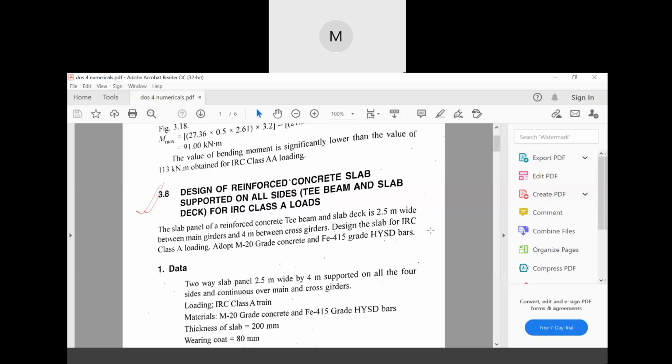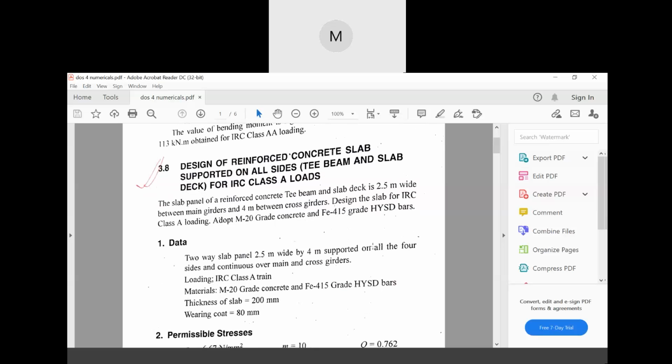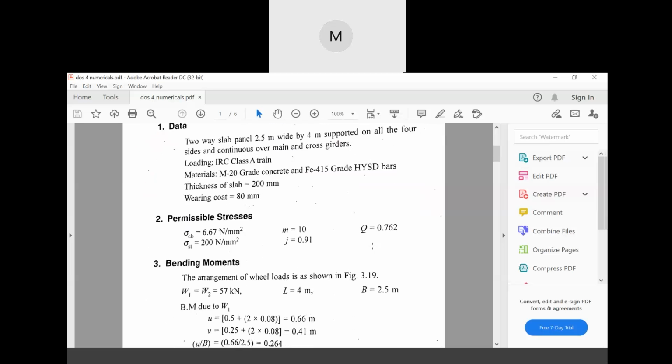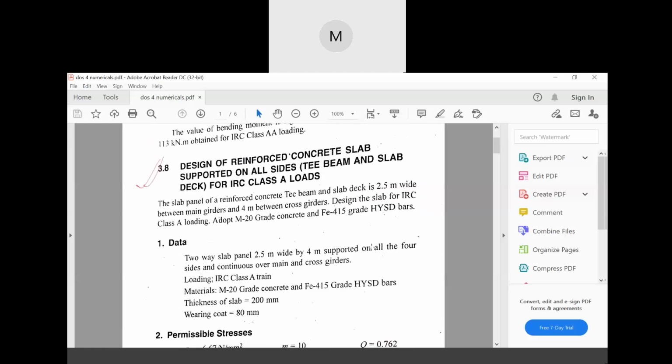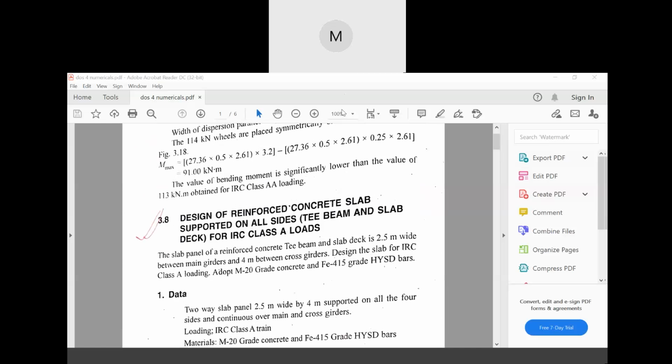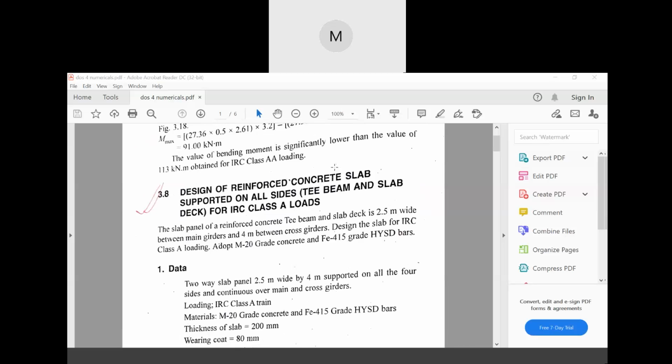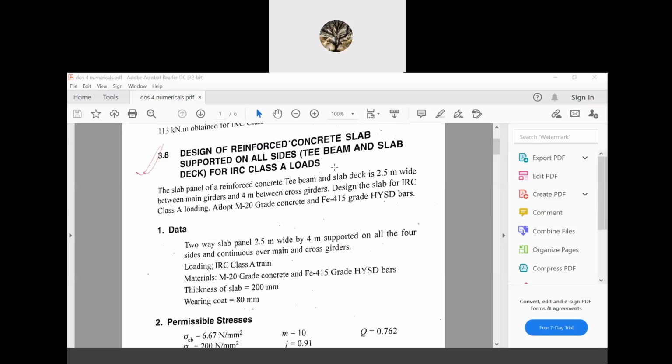Can you see my screen? I hope all of you can see my screen. Yes, sir. Fine. Now, let us see here.